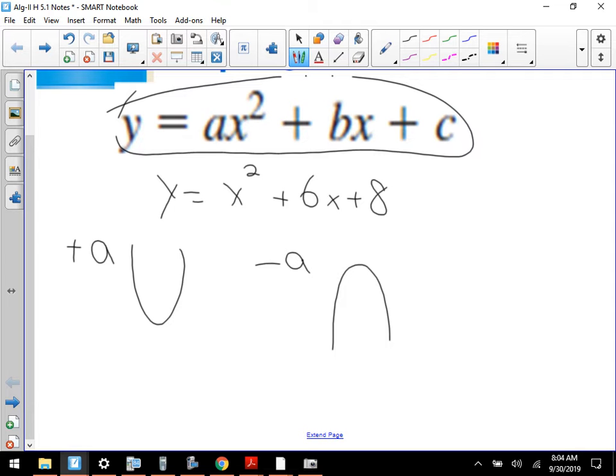Okay. Now, within each parabola, they are symmetrical about an invisible vertical line. There is this invisible vertical line. What is the vertical line called? Yes, sir. It is the y-axis, but when you have a vertical line, what's the equation of a vertical line?